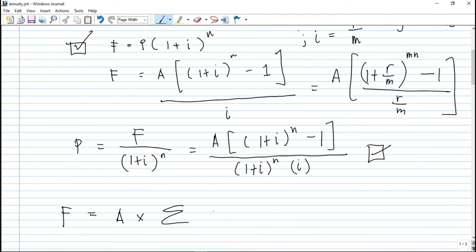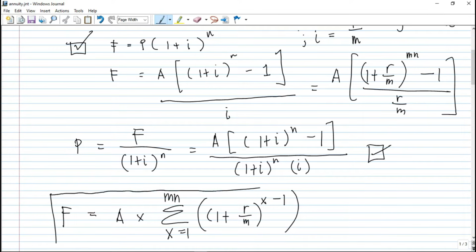Okay, summation siya ng 1 plus, you have here r over m. This is raised to x minus 1. So, parenthesis. So, this is from x equals 1 to mn. So, this is the exact look ng ating calculator technique. Okay, take note nyo to guys. Ito yung eksaktong itsura niya doon sa calculator natin.